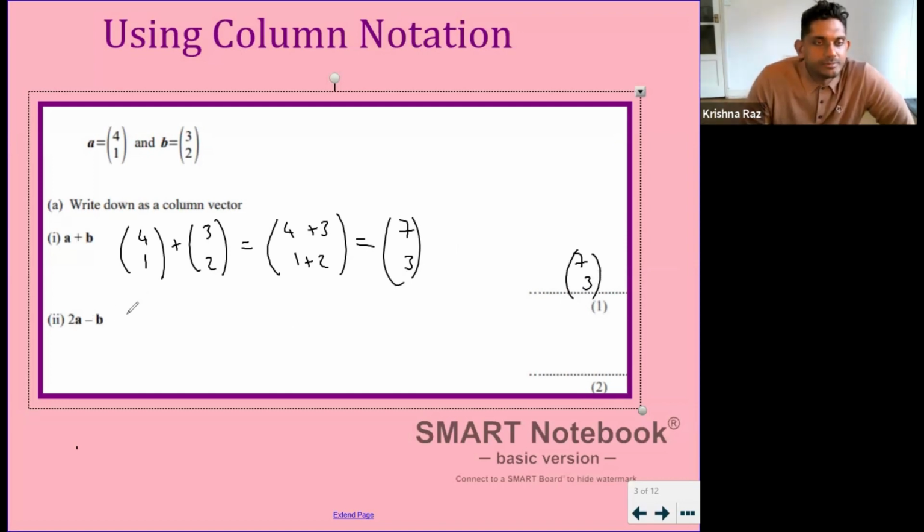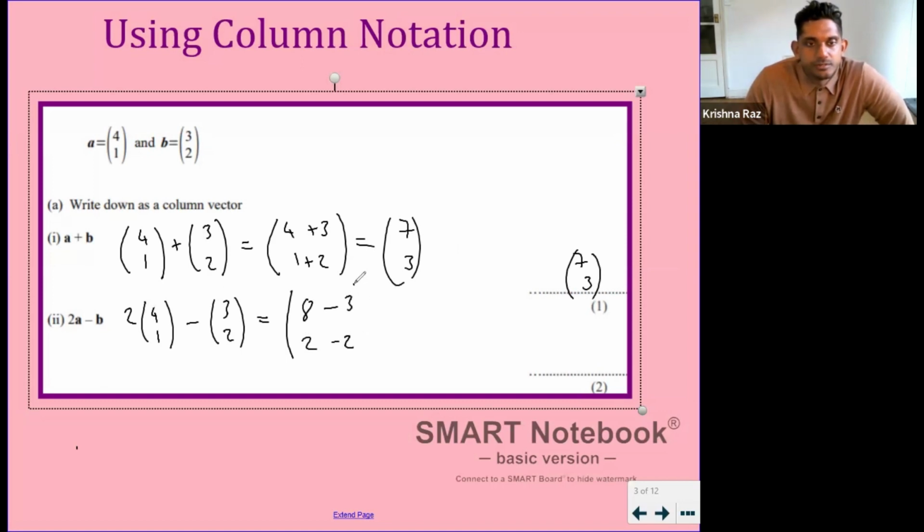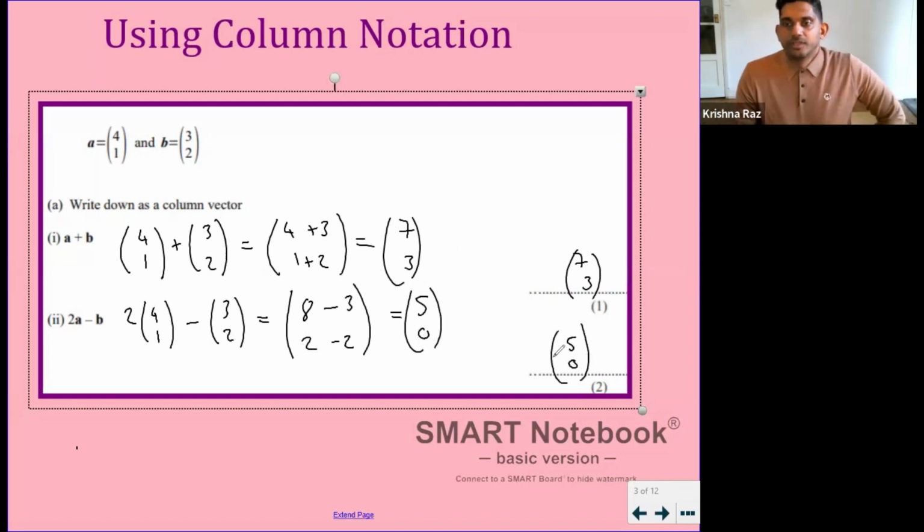And 2a minus b will equal (8, 2) minus (3, 2). So we'll get the vector (5, 0). In other words, we have a movement that goes across 5 and has no vertical component.